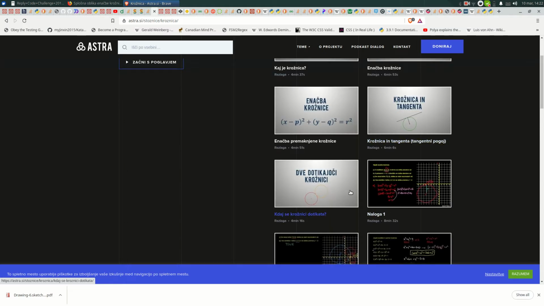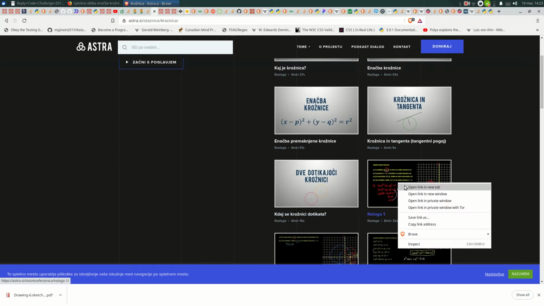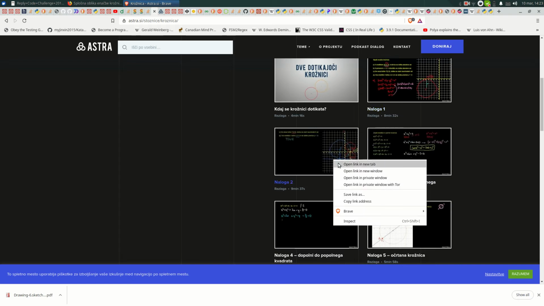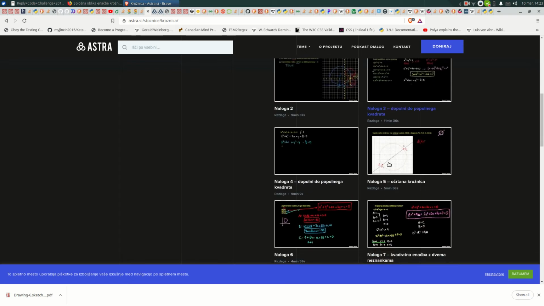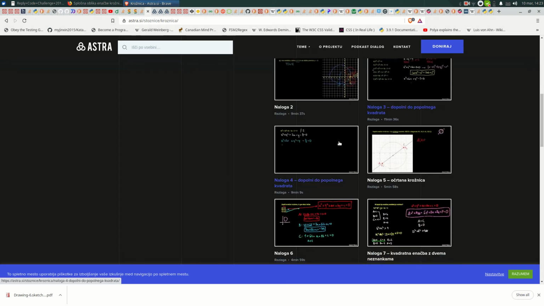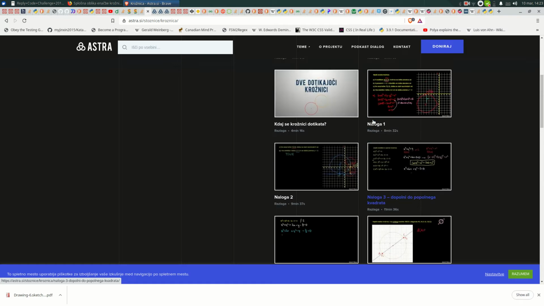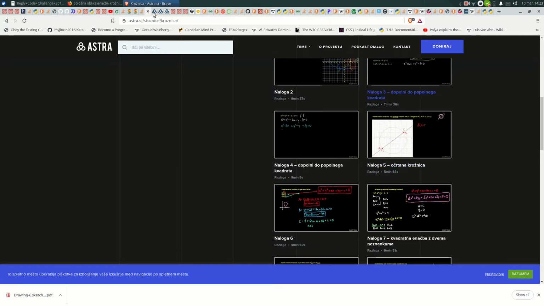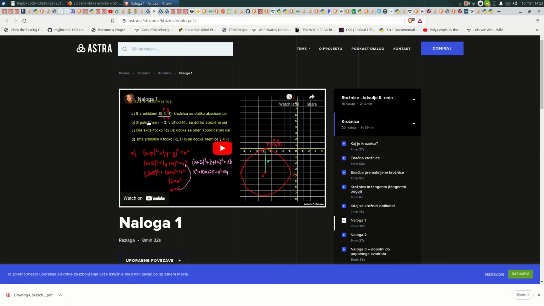Tangent, touching circles, task 1, let's see what this task 1 is talking about, task 2, task 3, square, what's up with a square, it is touching the y-axis, it's going through that point.